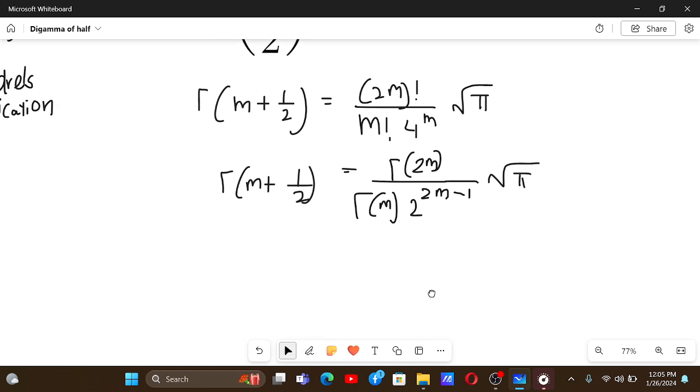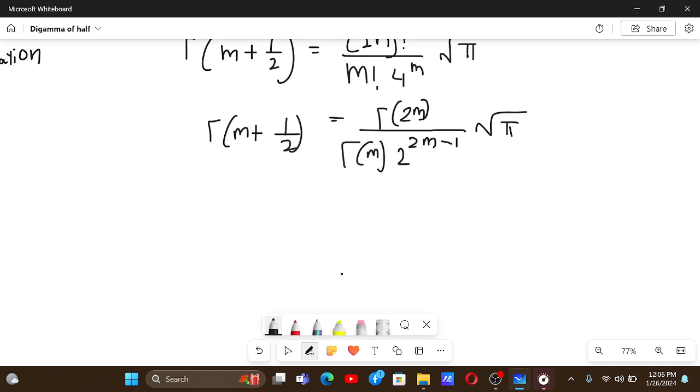Now, for taking it to the digamma function, we can first take log on both sides.